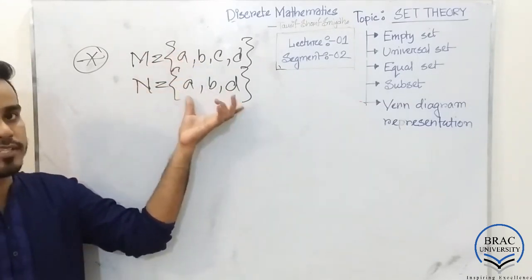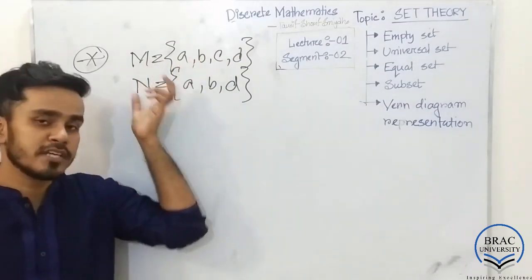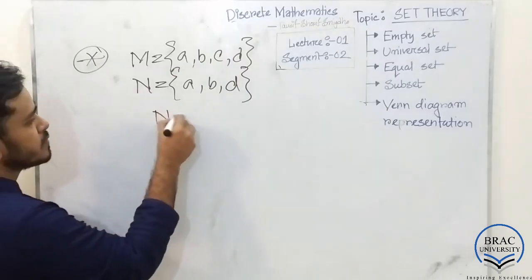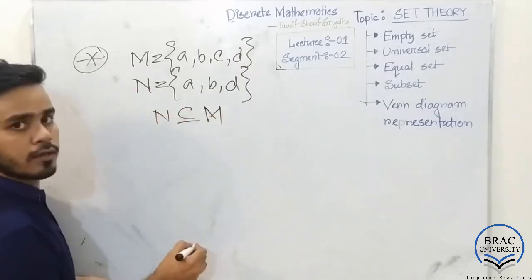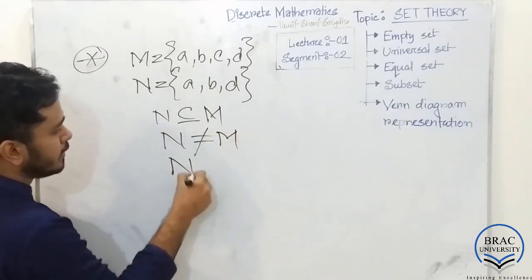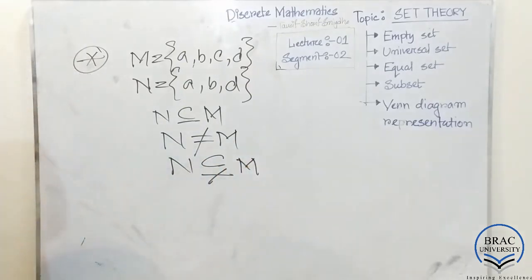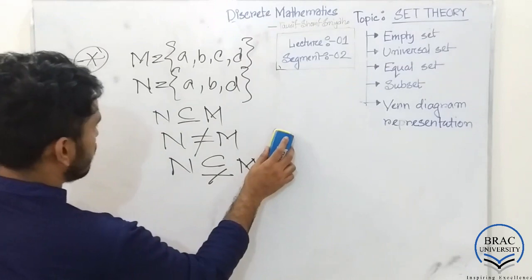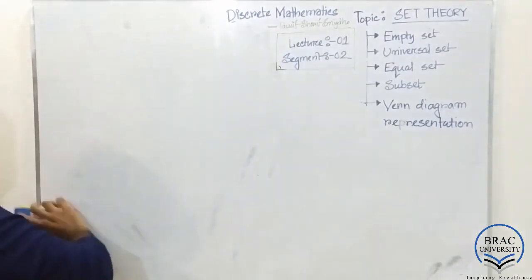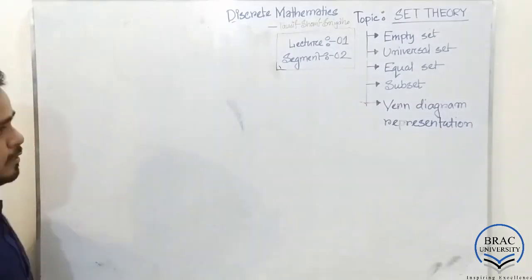Because all of the elements of N belong to M. Is N a real subset of M? Yes, because N is a subset of M and N does not equal M, so N is a real subset of M. Right? Okay. Now we know how to determine if a set is a real subset of another.